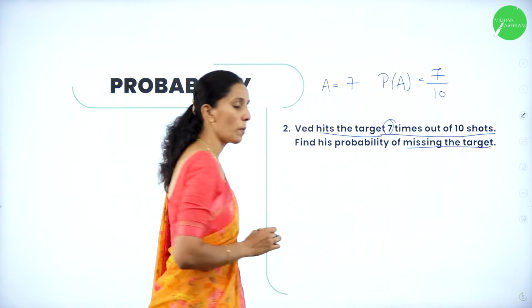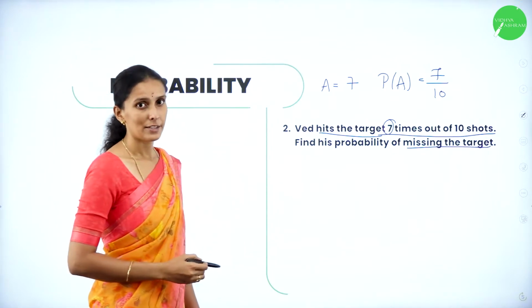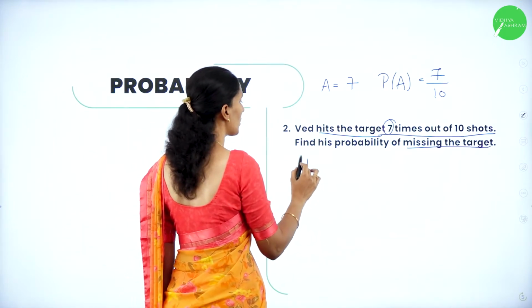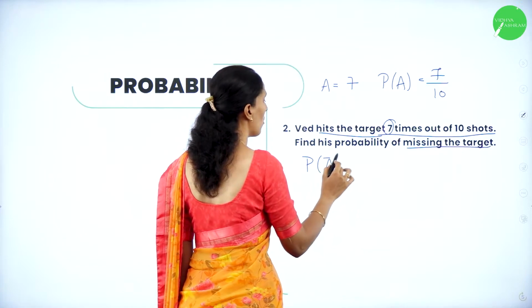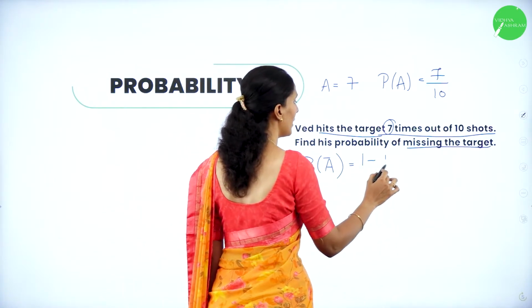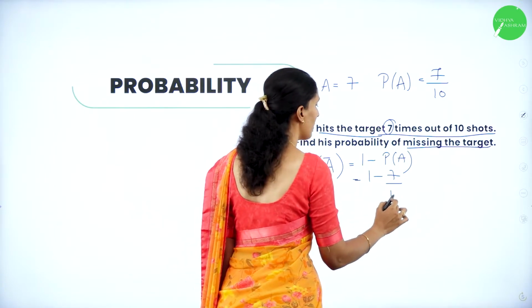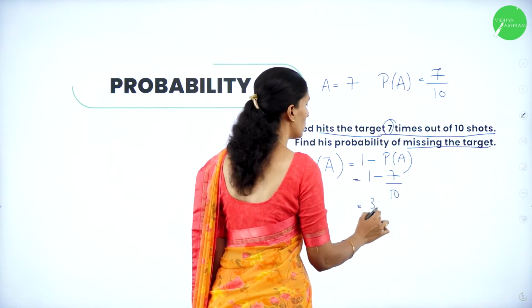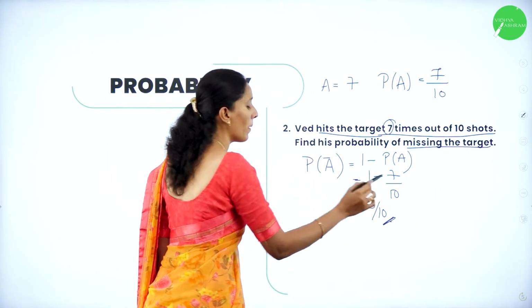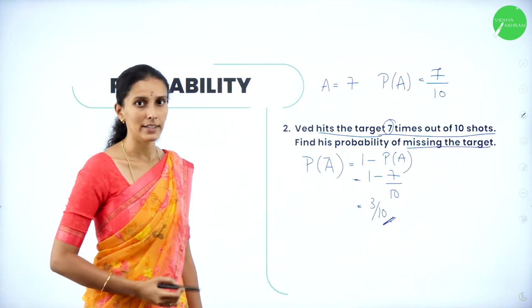Missing the target. So missing the target means we have to find the complement for this experiment. So I am supposed to calculate P of A complement. This is equal to 1 minus P of A, that is 1 minus 7 by 10, which is equal to 3 by 10. So the probability of Ved missing the target is 3 by 10.